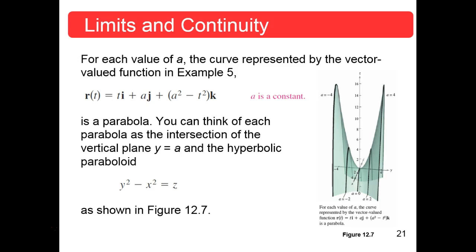That's, again, a downward opening parabola. Here's t is equal to minus 2. You're in that plane, the parabola there. A is equal to 4 or minus 4, they're always parabolas opening downward because that's always negative.